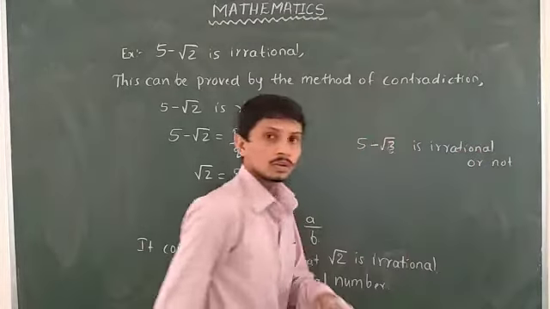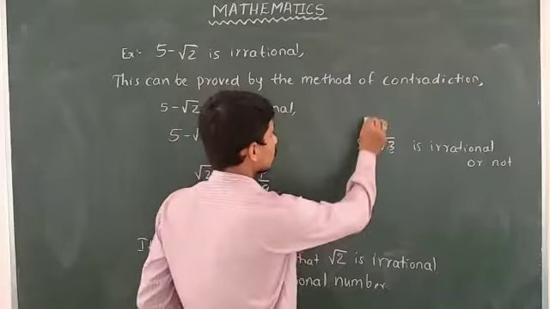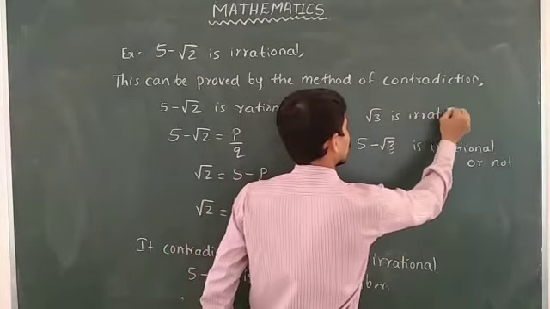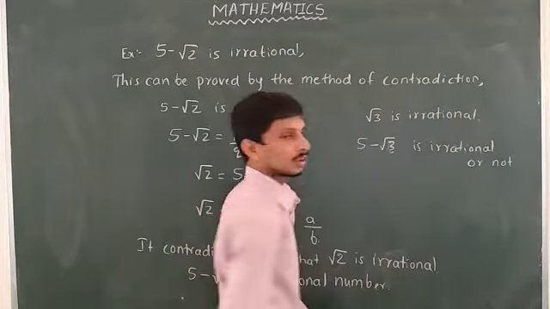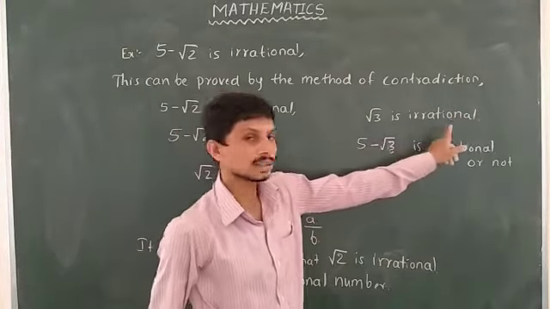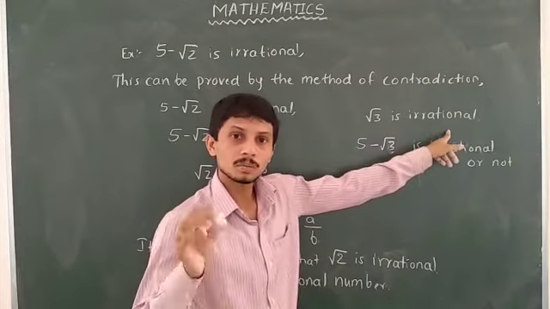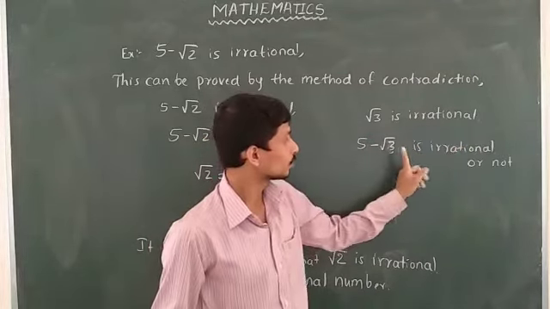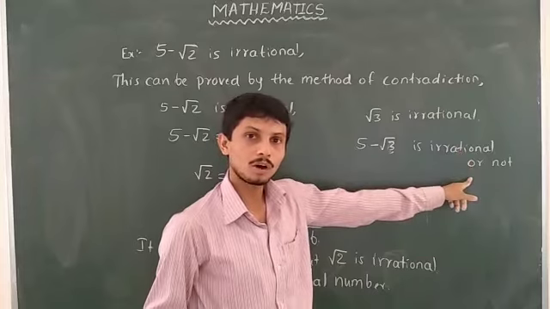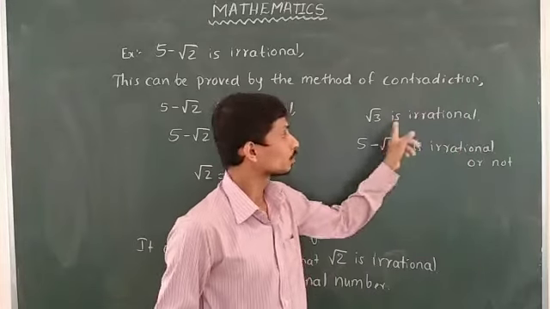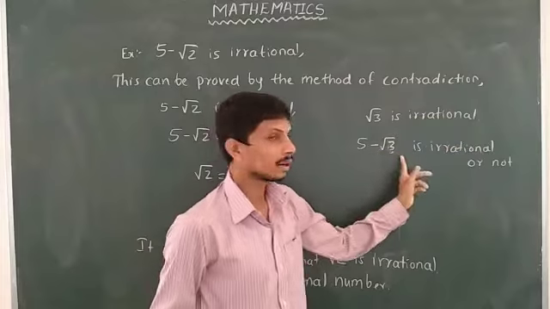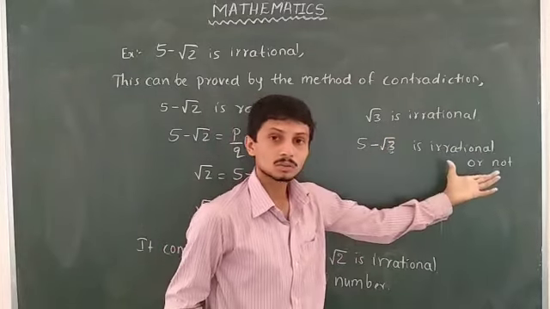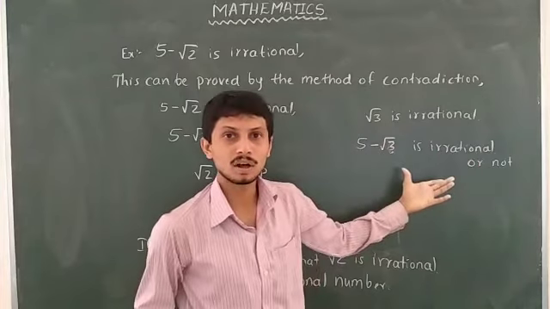So I will give you two homeworks here. One is: is root 3 irrational or not? You have to check by using theorem 1.3. The other is: is 5 minus root 3 irrational or not? You already proved that root 3 is irrational, so you have to use that statement to solve whether 5 minus root 3 is irrational or not.